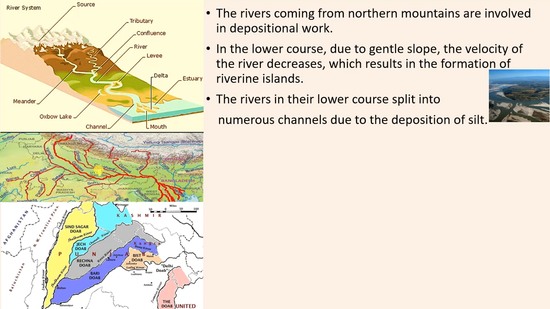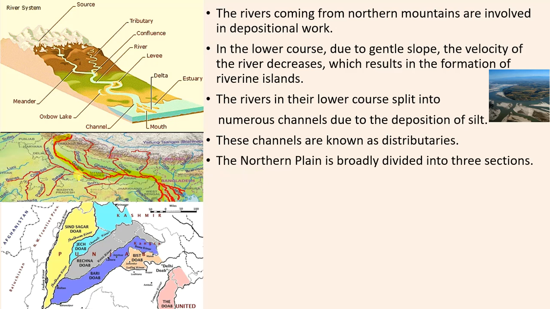The main river Ganga covers this long distance, and on the way a number of rivers join this Ganga river. These different rivers joining the Ganga are the tributaries of the Ganga. And when the water of the Ganga is divided into a number of other water channels, those are known as distributaries.